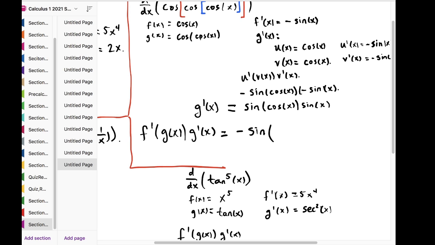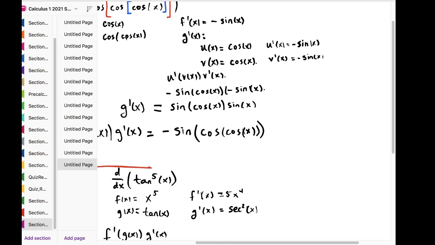What do you plug in? You plug in cosine of cosine. And then you multiply it by sine of cosine times sine. Say that 10 times fast. Okay.